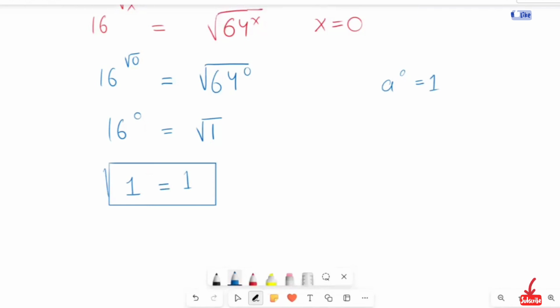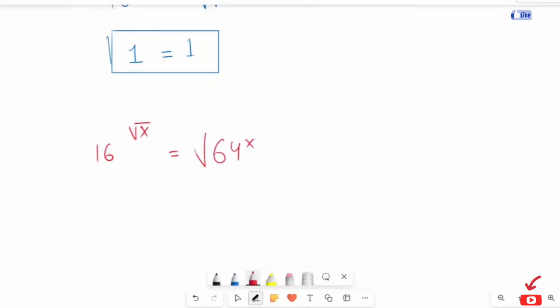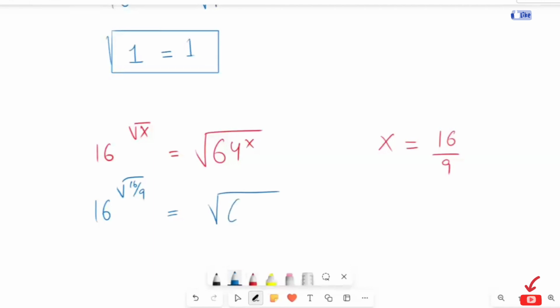Now I am going to plug in the case 2 value. Here we have the given equation, with x as 16 over 9. 16 root 16 over 9 is equal to root 64 raised to power 16 over 9.